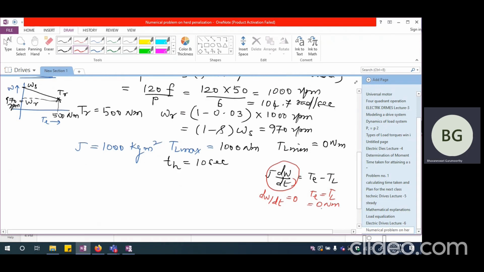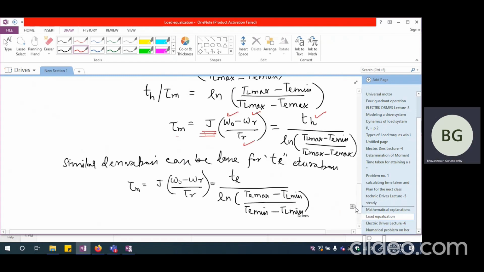It is going to be literally 0 Newton meter. That's what it is saying. Okay. TE should be equal to TL and both of them are at no load condition, so it is going to be 0 Newton. Okay. So now that we have all these values, let us try to take a look at what we did in terms of the derivation in the last class.